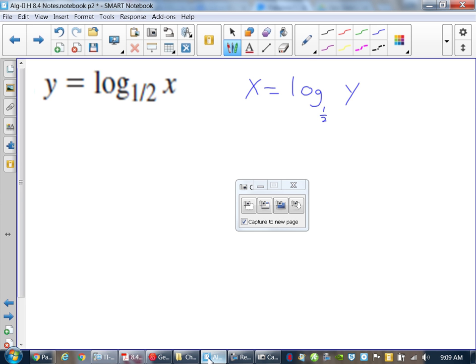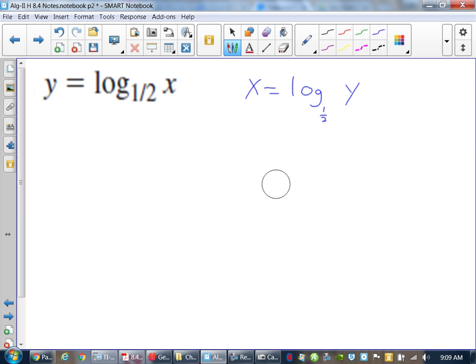So I have to think about one of my properties. Well, I have a log base, but I don't have anything with the y value to help undo it, which means I have to exponentiate. I'm going to create a base in front of the logarithm on both sides of the equal sign, which means I'm going to put this to the 1/2.